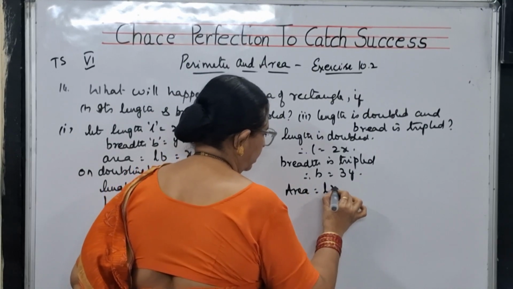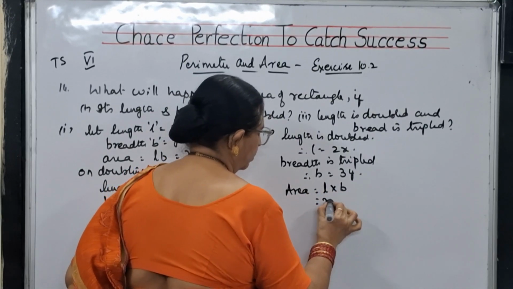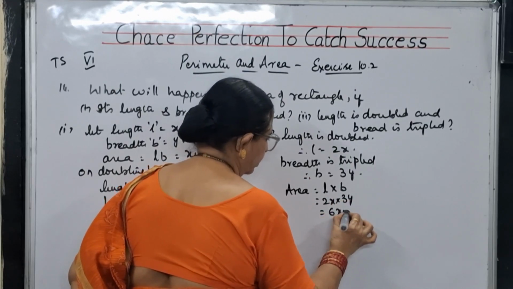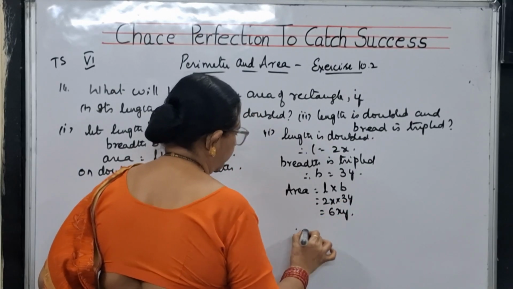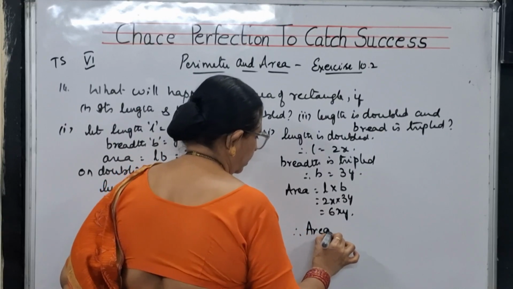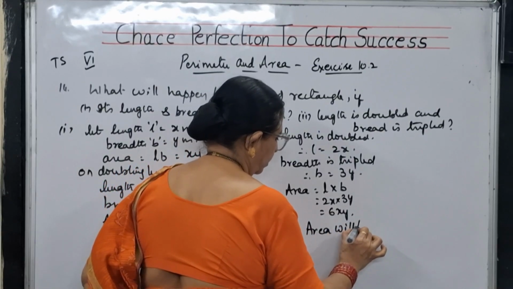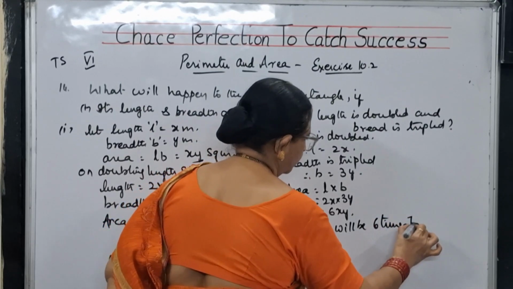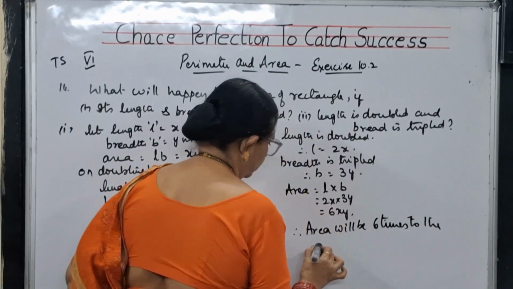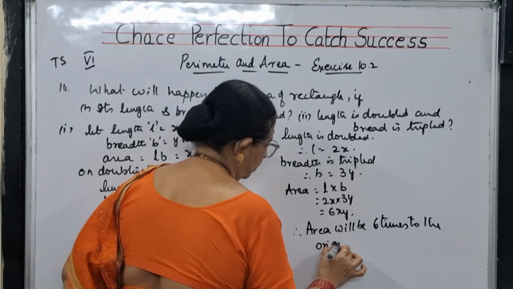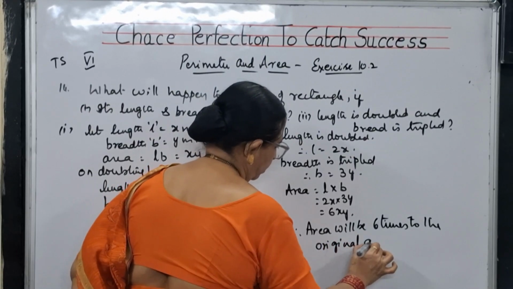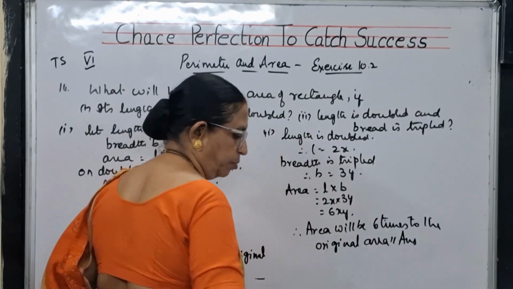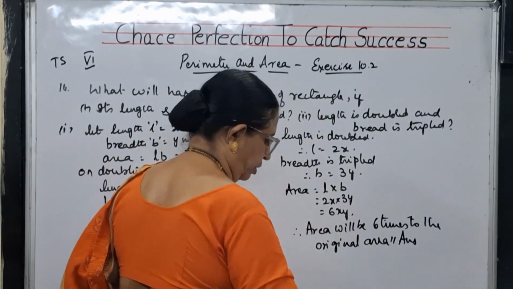Area is equal to L into B, that is 2x into 3y, which is 6xy. So in this case, the area will be 6 times the original area. This is the answer, children, for the 14th problem.